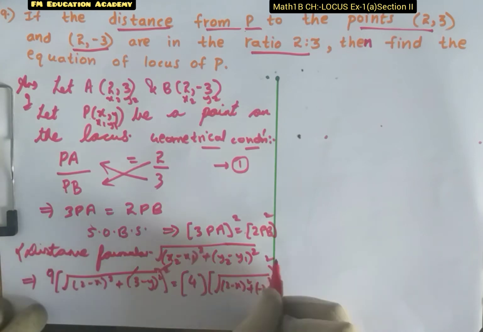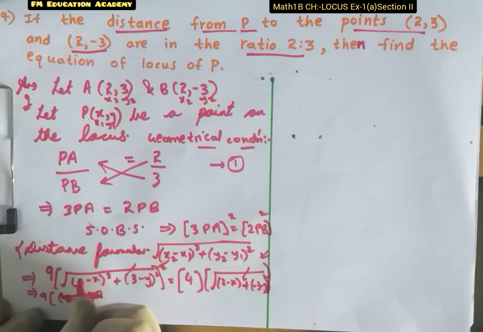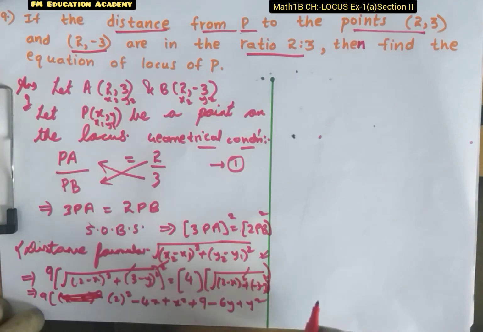So here square and root get cancelled, and here square and root get cancelled. What are we left with? 9 into, it is in the form of (A minus B) whole square. What is (A minus B) whole square? A square minus 2AB plus B square. A is 2 and B is x, so 4 minus 4x plus x square. Plus, again in the form (A minus B) whole square, A is 3 and B is y, so 9 minus 6y plus y square.